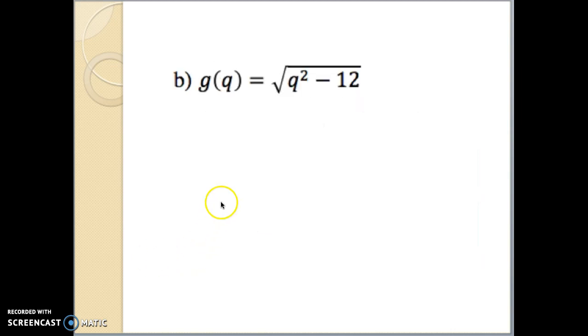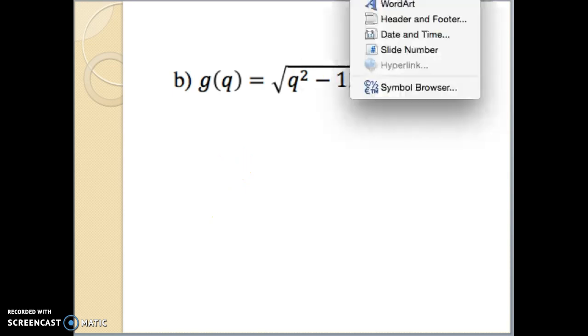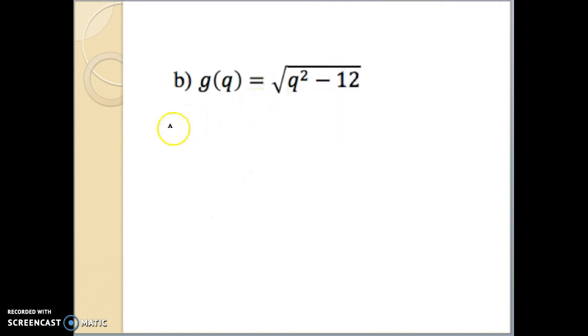So for instance, for this one, if we were to look at this equation, then the inside function would be the u is equal to my q squared minus 12. That is the inside piece here.